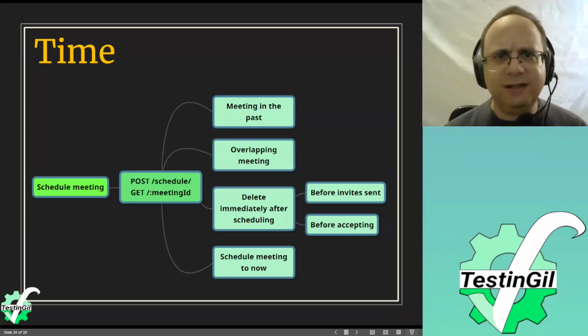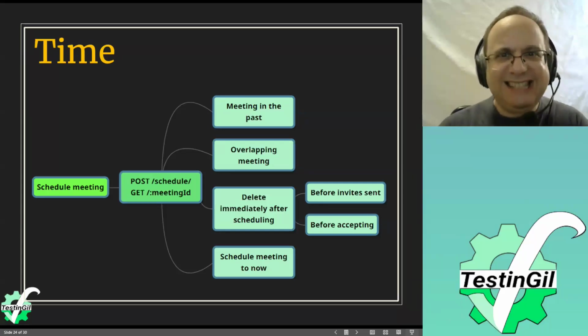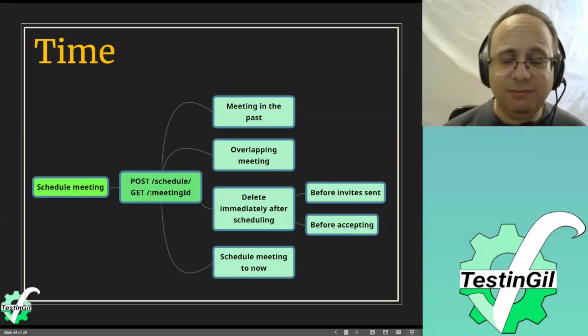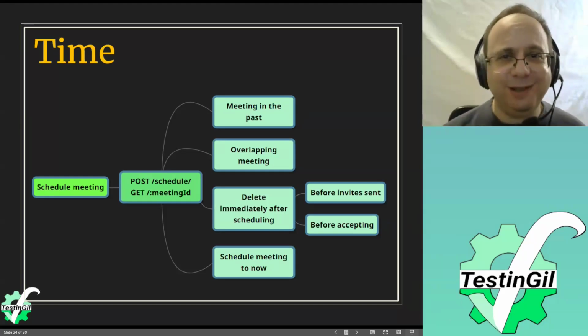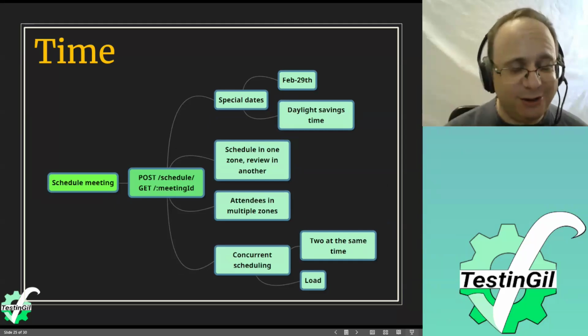So all kinds of scenarios under the umbrella of things happening very fast. It's not just a series of operations, there's a time distance between them that you probably want to see. What happens if we squeeze this out? What happens if I schedule a meeting for now? Does it work?